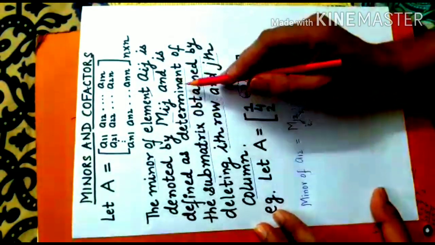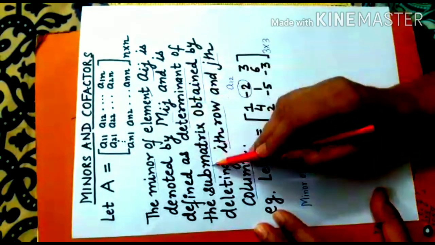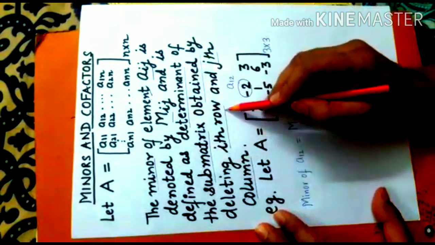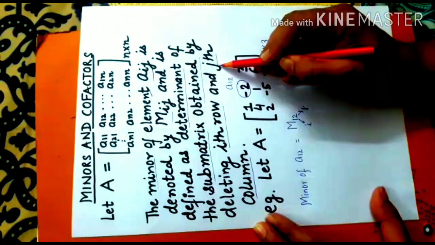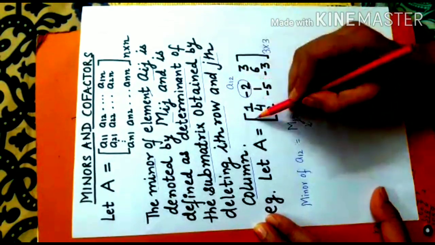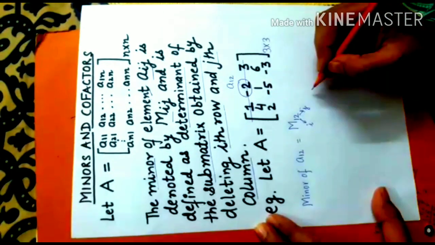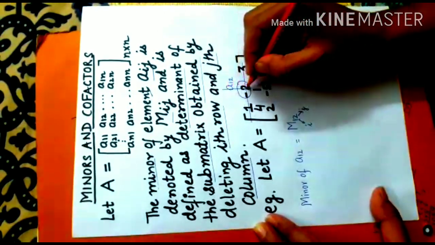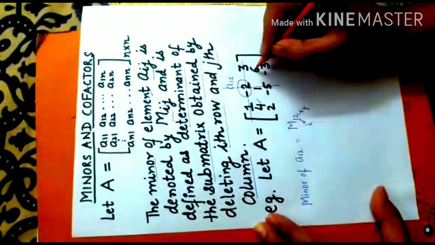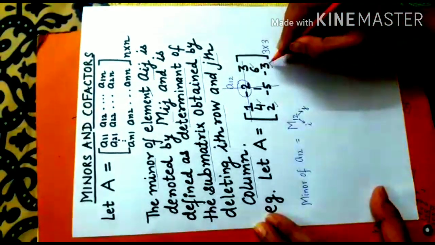Now according to the definition, Mij is the determinant of the submatrix obtained by deleting the ith row and the jth column. Here this element minus 2 lies in the first row, so I delete the first row, and it lies in the second column, so I delete the second column. So I am left with the elements 4, 6, 2, minus 3.